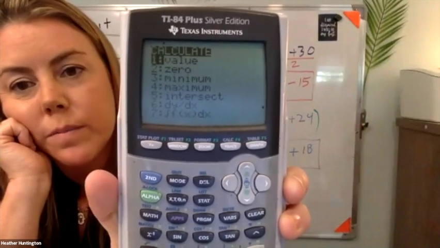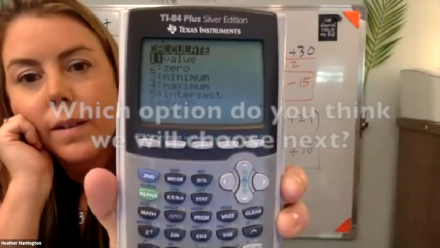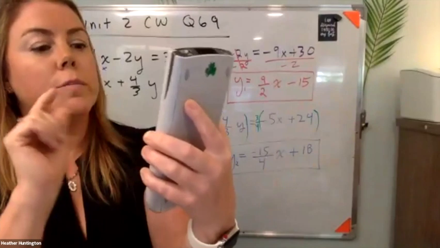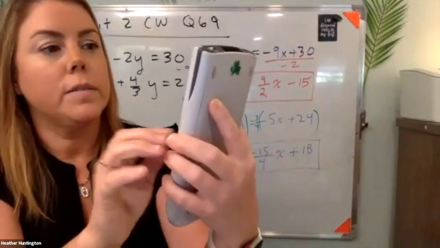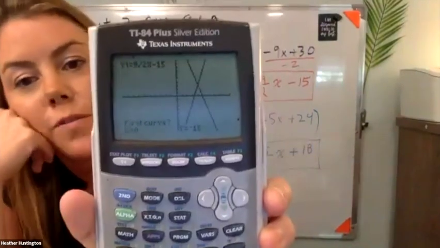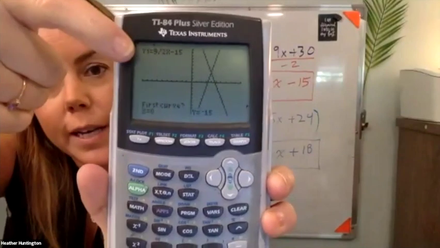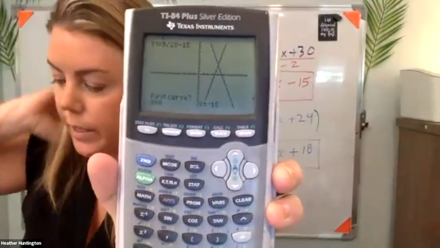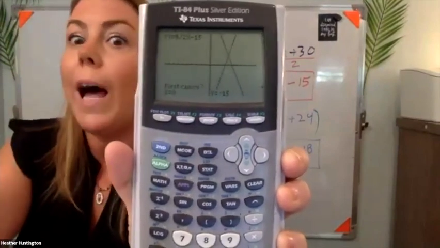Which one do we want? Yeah, so to get that, you can press 5, or you can use the down arrow and then press enter. Now the question is first curve. So you want to make sure you're on the first line. The calculator is kind of dumb, actually. It's asking you, all right, I'll find an intersection point, but of what lines?